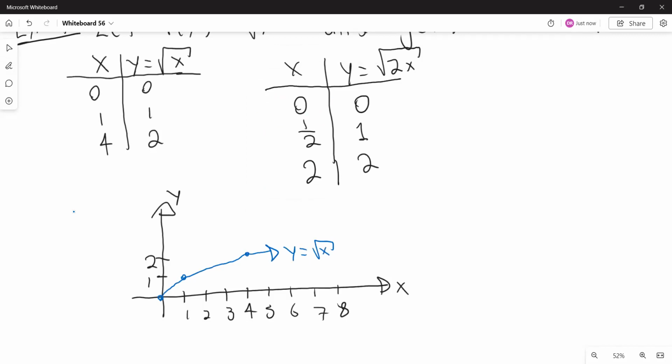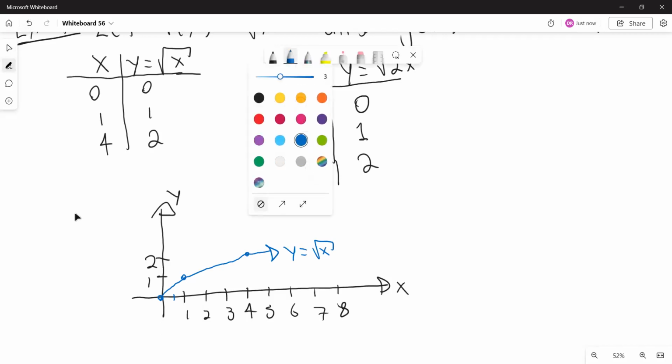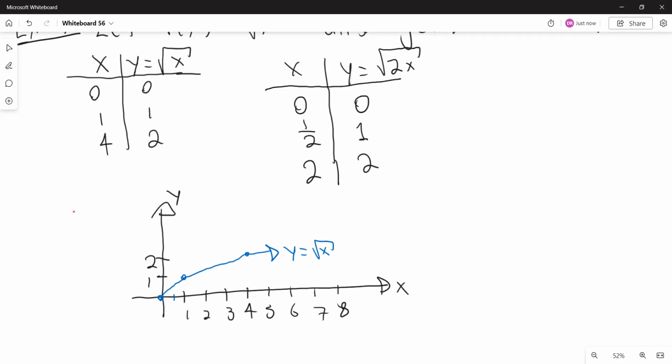Then the square root of 2x passes through (0, 0), (1/2, 1), and (2, 2). I'm going to use a different color. Okay, so that's going to be a vertical stretching, but it's also a horizontal shrinking. So the graph has been horizontally shrunk or compressed.